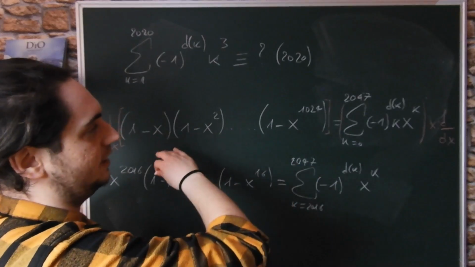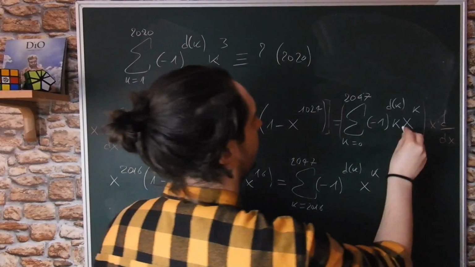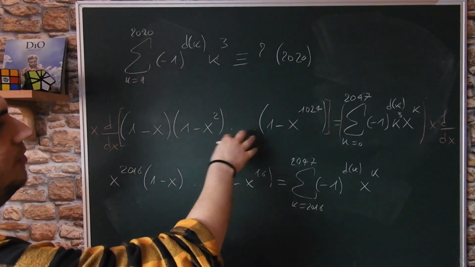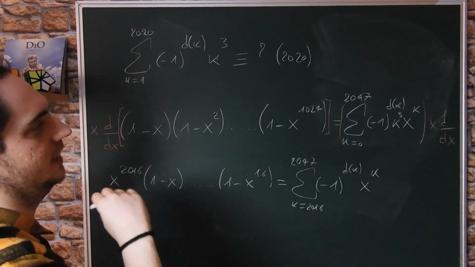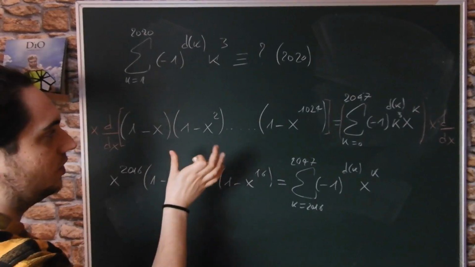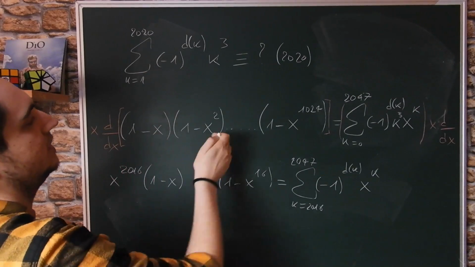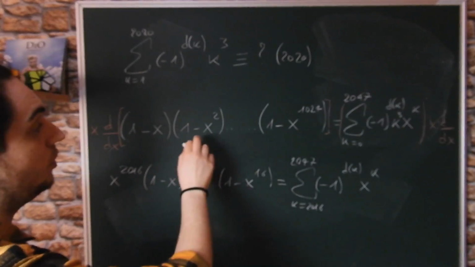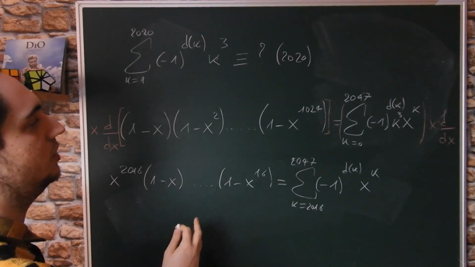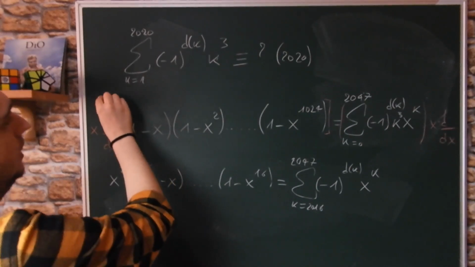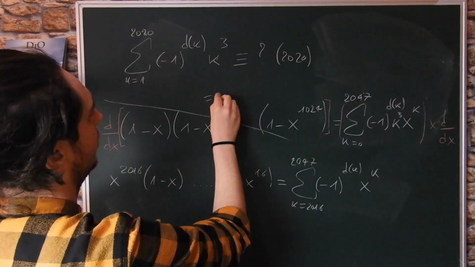So if we do it 3 times, here we have k to the 3rd power, and here we have a very bad expression, but each of these terms will contain at least one term of the form 1 minus x to something. If we substitute x equals 1, this will be 0.